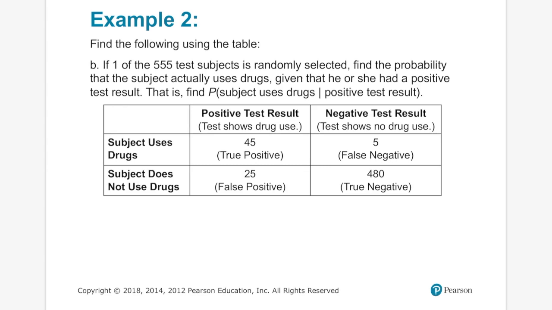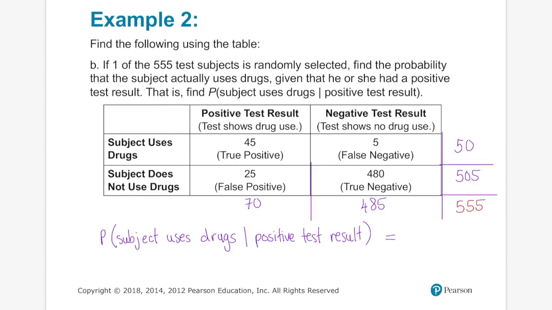Question B, I am given the same table. I want to find the probability that the subject uses drugs given a positive test result. So I know for a fact that the person has a positive test result. I'm not going to look for the person in 555 people here.